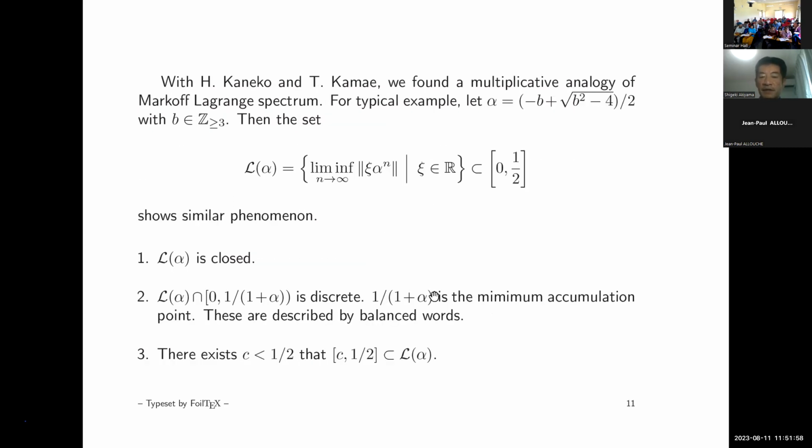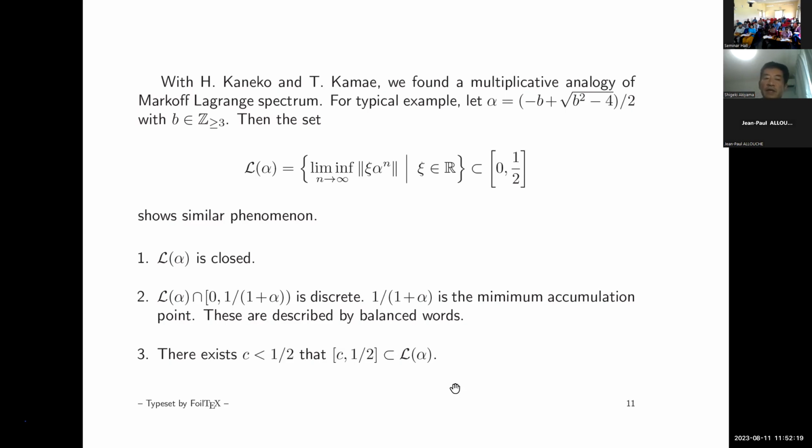If you come to this accumulation point, then we get all the Sturmian words. And there exists some positive c less than 1/2 such that the interval is contained in this L of alpha. So this is very, very similar.